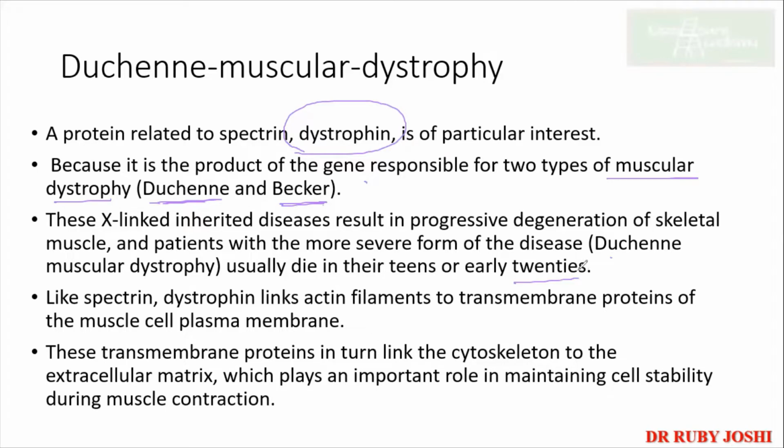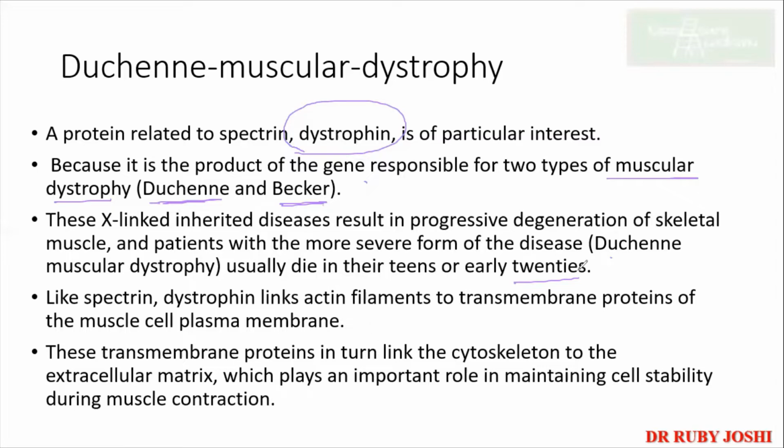So DMD, you must have heard also that these kids don't have good skeletal muscle, right? Because of which it is difficult for them to stand. Right, it is difficult for them to walk also, and eventually in their early 20s they will be in a wheelchair, but in the early 20s they start developing all those heart, kidney, liver diseases, and eventually they die because of organ failure.